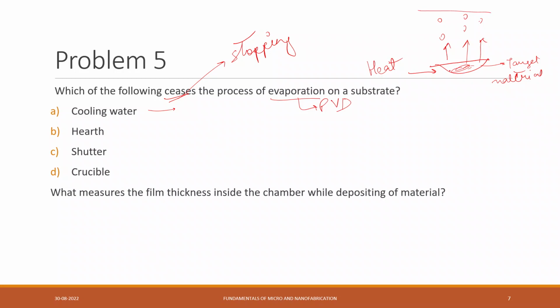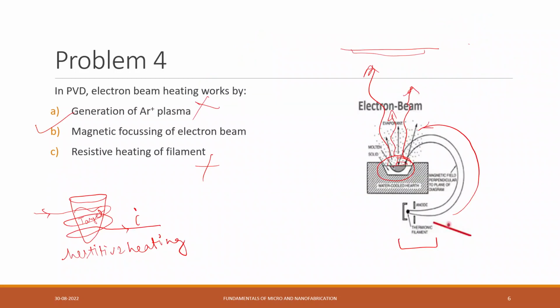When we heat the target material with an electron beam, the material gets heated a lot, so we usually have circulation of cooling water in this pipe while the process goes on.